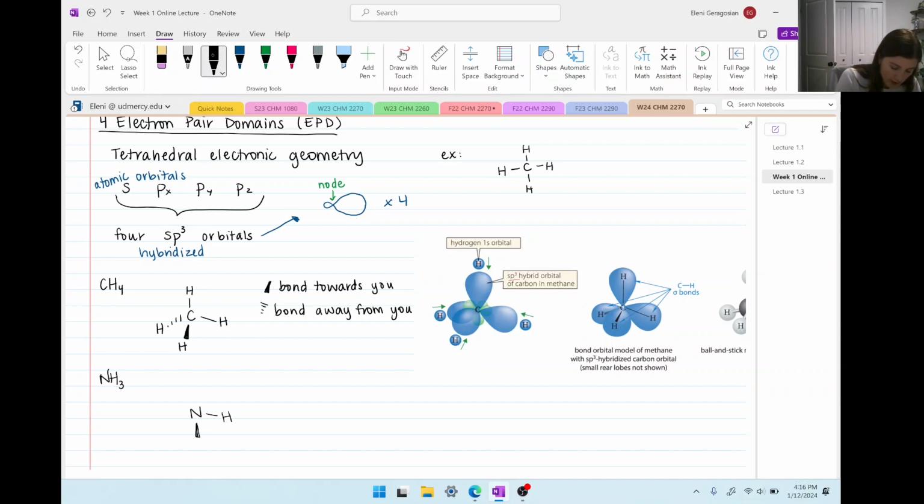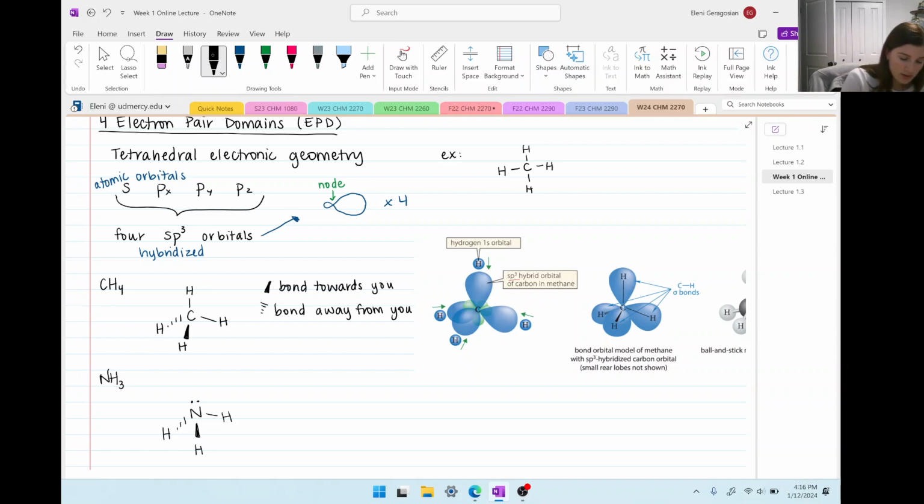Nitrogen is bonded to 3 hydrogen atoms. I'm adding in the wedge and dash already, but you might draw the Lewis structure first and then identify the geometry. We see that there are 4 electron pair domains around nitrogen, so it also has sp3 hybridization.